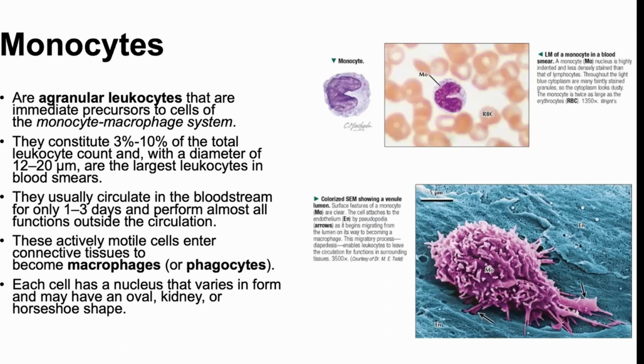They usually circulate in the bloodstream only 1 to 2 days and perform almost all function outside the circulation. That's when you meet the macrophage. So the monocytes are actually the macrophages that are within the tissue. They are actively motile cells that enter connective tissue to become macrophages or phagocytes. Each cell has a nucleus that varies in form and may be oval, kidney-shaped, or horseshoe-shaped.